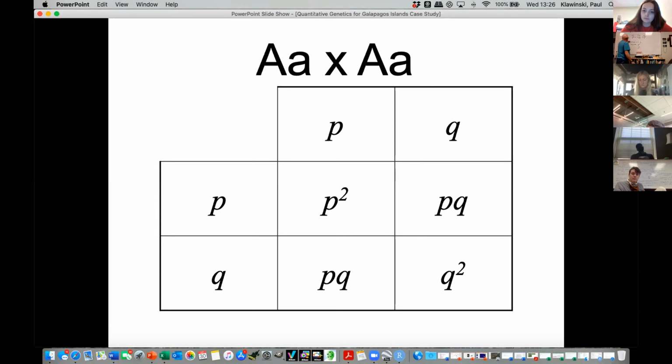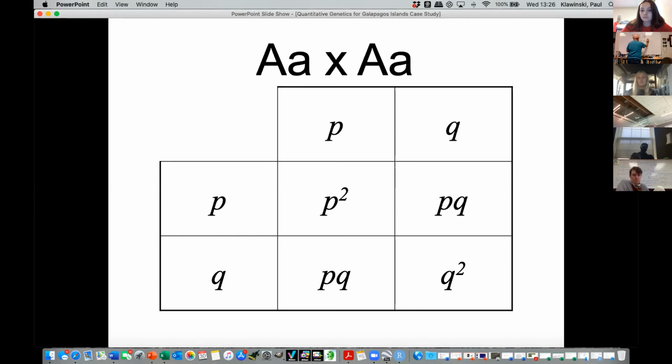So we can just take this mathematical formula and say, well, what's the frequency of these offspring? It's 0.5 squared, 2 times, I'm going to actually do this with fractions instead, 1/2 times 1/2, and this would be 1/2 squared also.